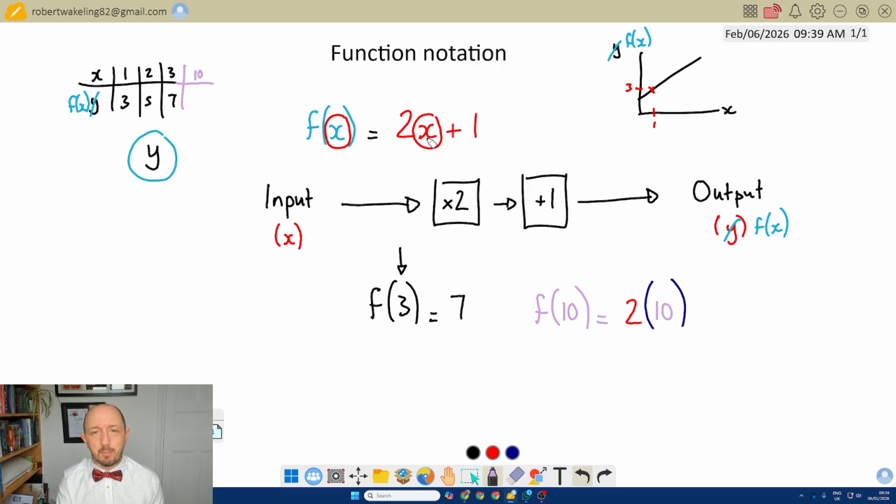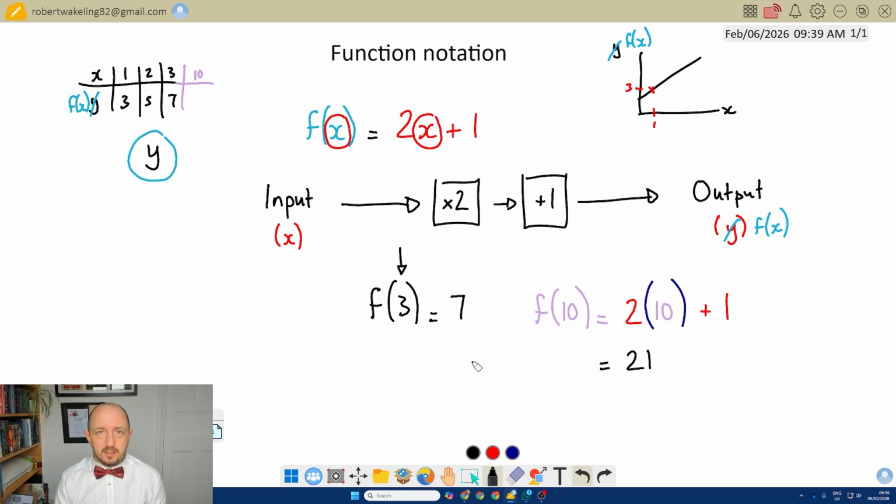You're essentially replacing x with brackets, and that allows you to just insert the number into the correct place and do 2 brackets 10. 2 times 10 plus 1 would be 21. Very straightforward. It's just a different way of writing our y coordinate.